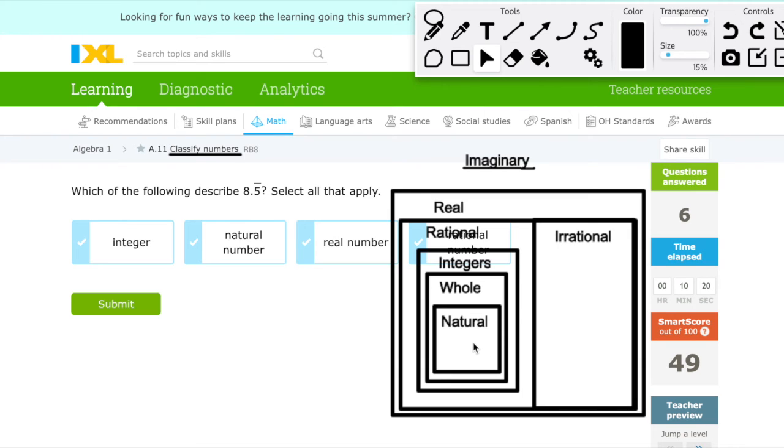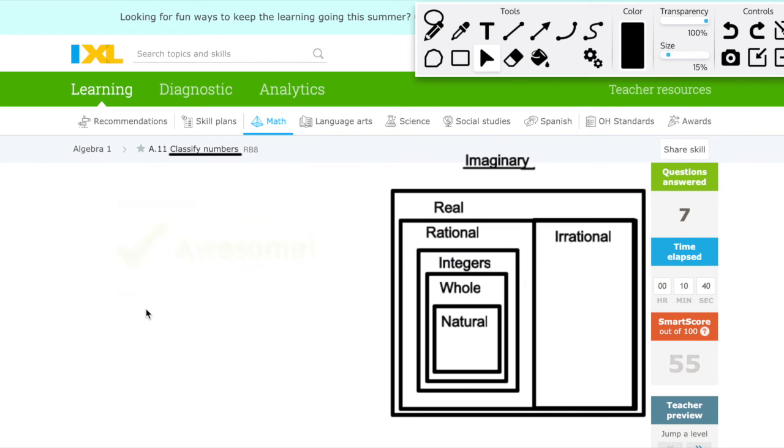That's not something you're counting on your fingers. Whole number doesn't involve decimals either. Integers do not involve decimals. Rational numbers, we could have that. So I'm going to go ahead and click that one. And then real numbers is even bigger than that. So we could go to that category.